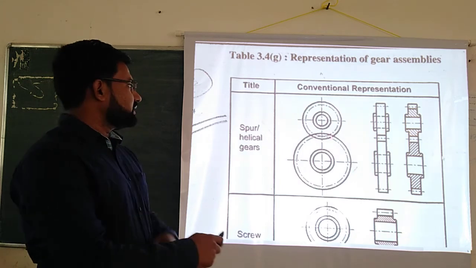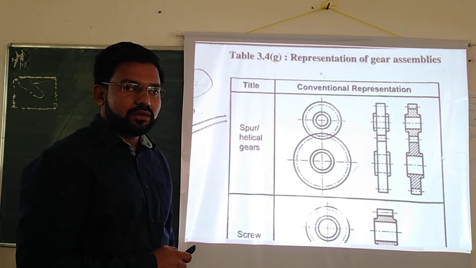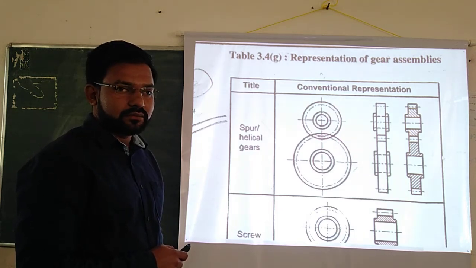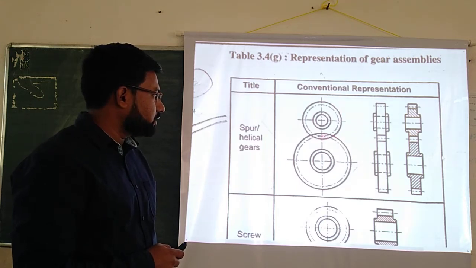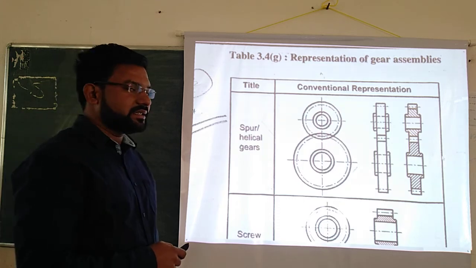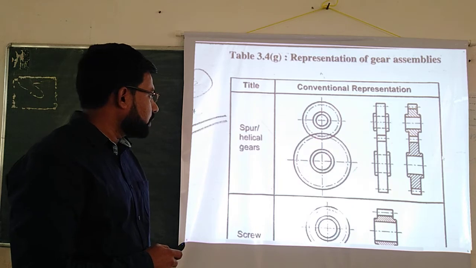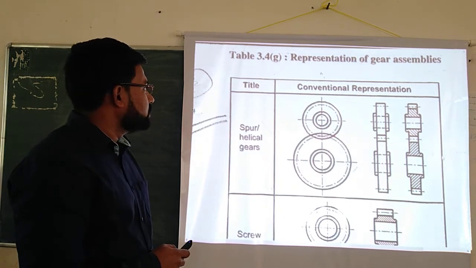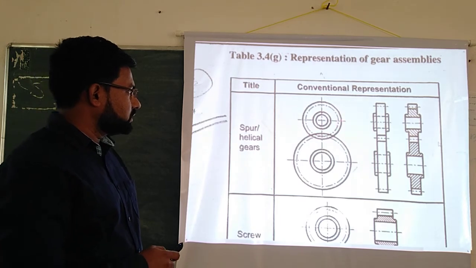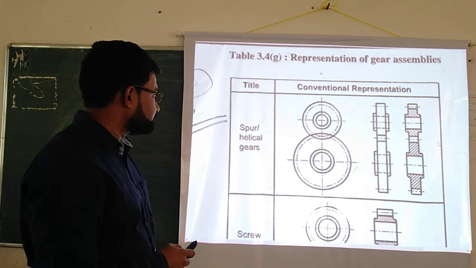So the necessary condition is that these two pitch circles must coincide at one single point. This is called the pitch point. What is the pitch point? The point at which the two pitch circles of pinion and gear coincide is called the pitch point. While drawing the convention, you must pay attention that the pitch circles coincide at the pitch point.